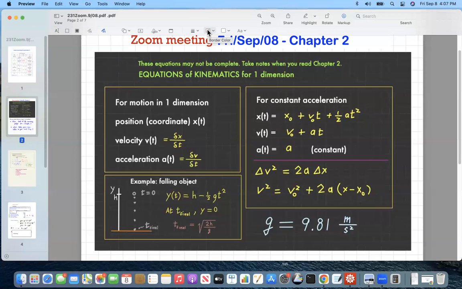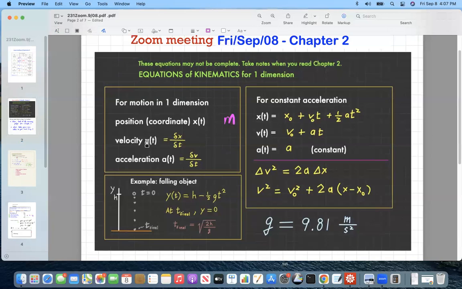And a standard unit is a meter. So the unit of position will be meters. That's the standard unit. But it can be some other unit. It could be centimeters, or millimeters, or miles or inches. But the standard unit is a meter.